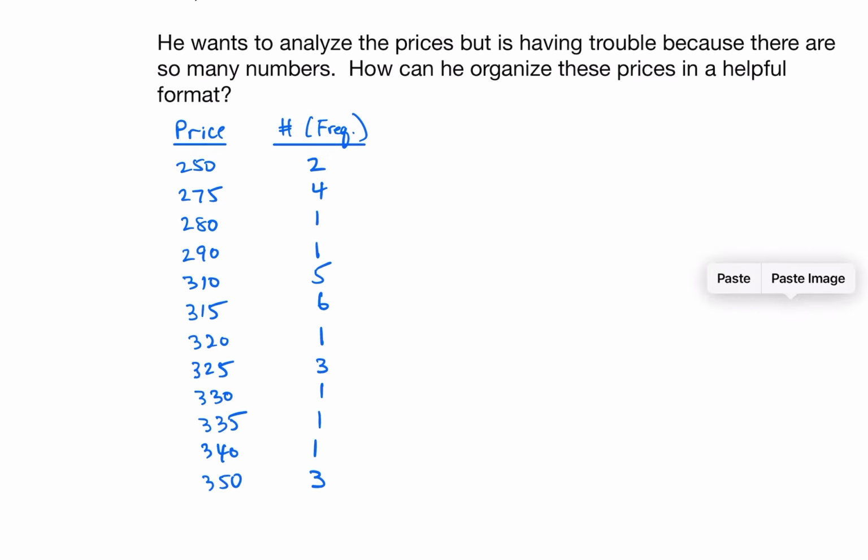Okay, so as you can see, when you list the data in this way, we can take a look at this column and see that the majority, or a good portion of the pricing, falls in the 310 to 315 category. We do have 6 of them falling within the lower price range, and then 3 of them in the high price range.